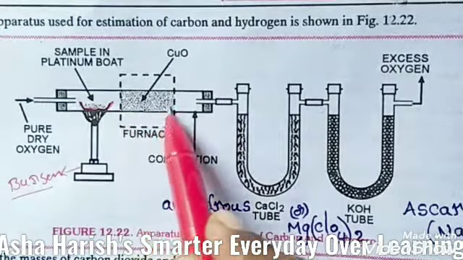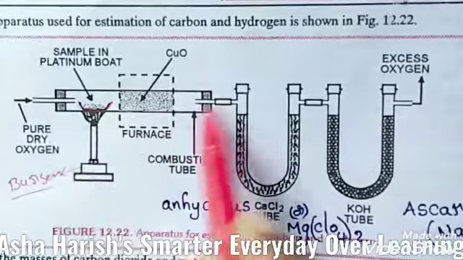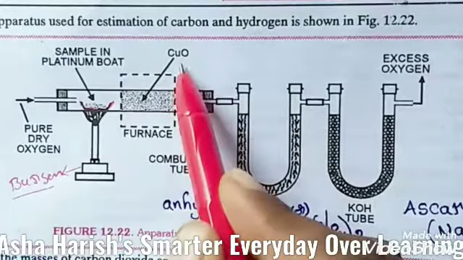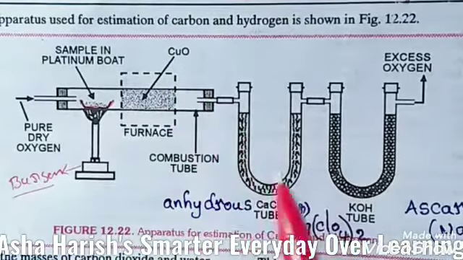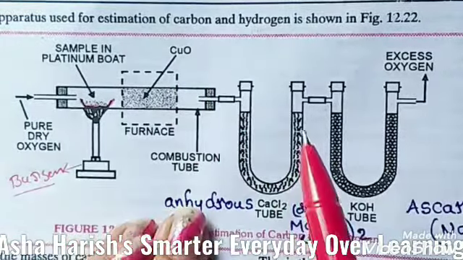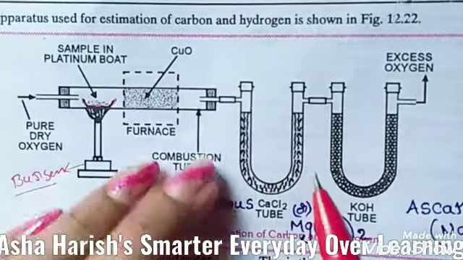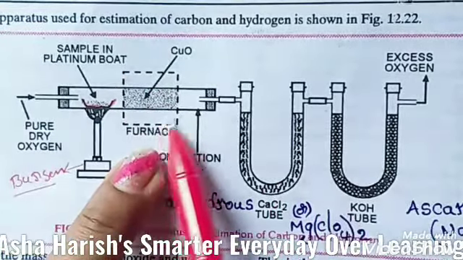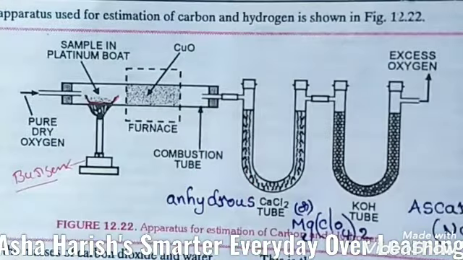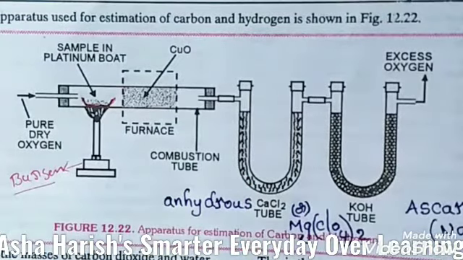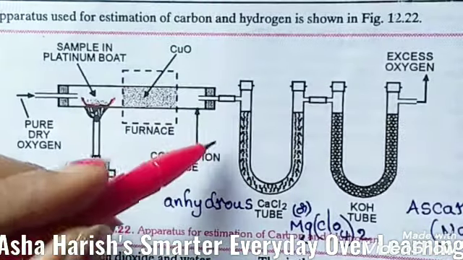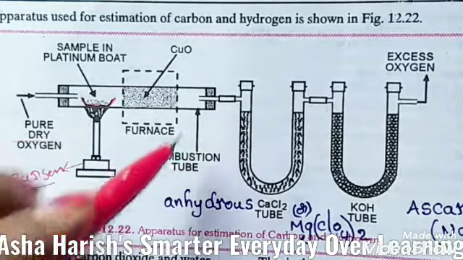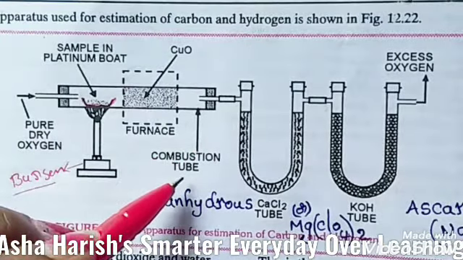And in this furnace narrow tube, you have to take CuO, copper oxide, for the oxidation. Here is the CuO, and this is known as the furnace and combustion tube. When the entire heating process takes place, it is called the combustion tube.